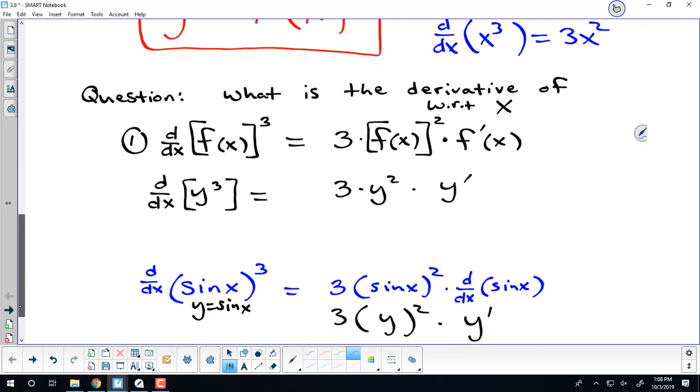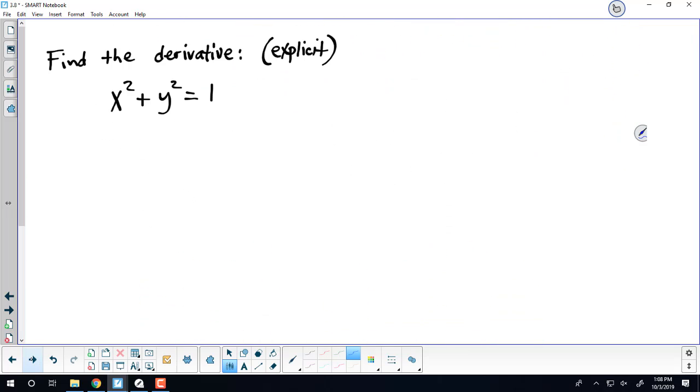So what we're going to look at is the derivative, or the slope of the tangent line, at points on the unit circle, and we're going to look at it explicitly because, like I said, in some instances you can solve for y.